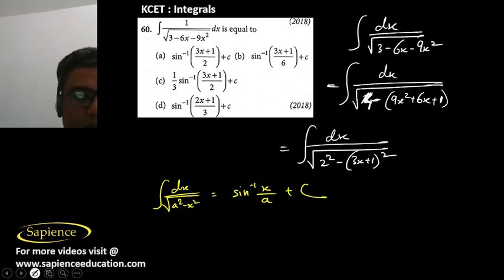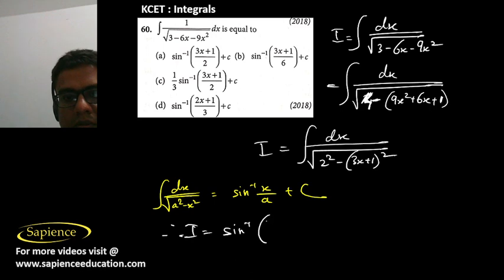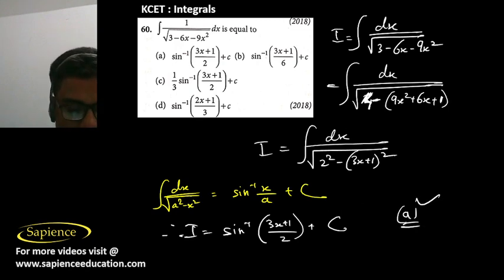So therefore this integral I can be written as sine inverse of 3x plus 1 by 2 plus c. So option A is the correct answer.